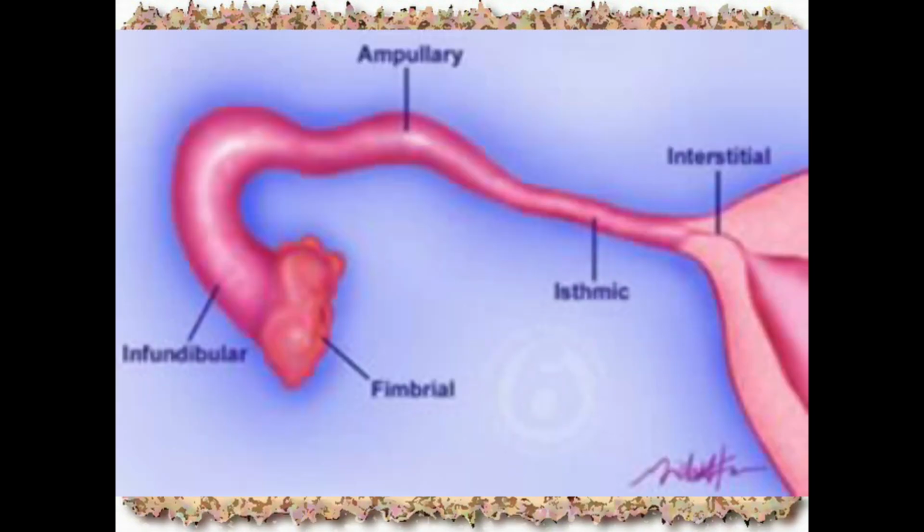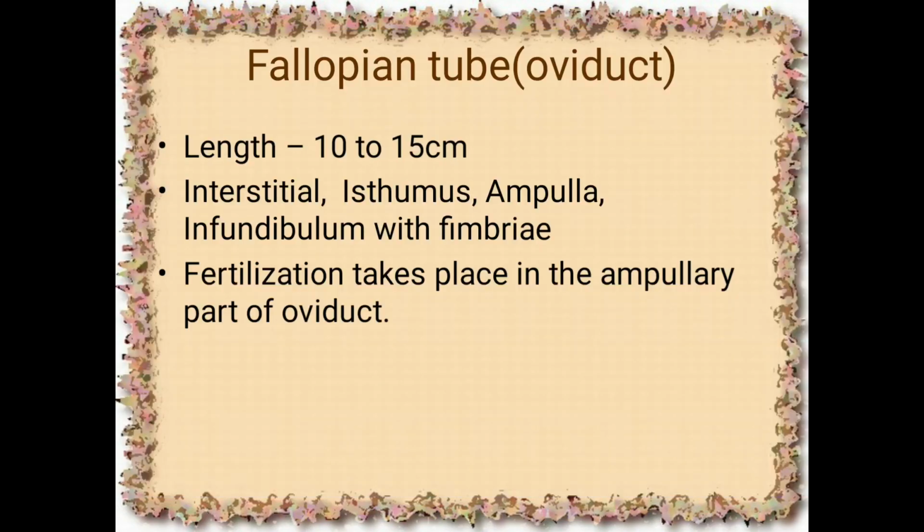The interstitial part is the part that goes inside the uterus, then the narrowed portion is the isthmus, then the ampulla, then the infundibulum with fimbriae. The fimbriae are nothing but finger-like projections.